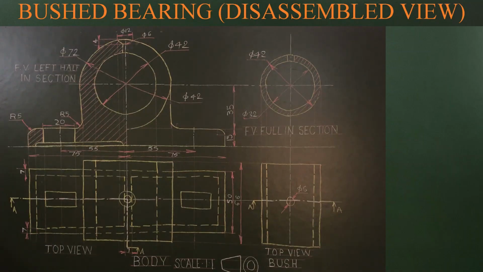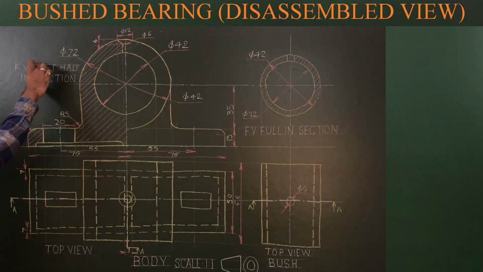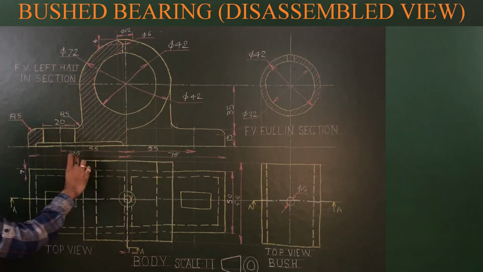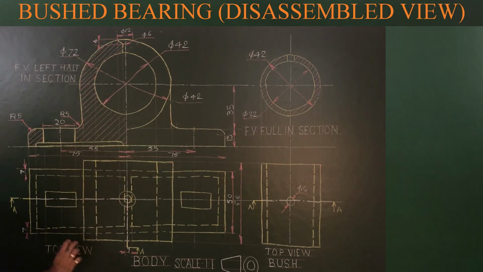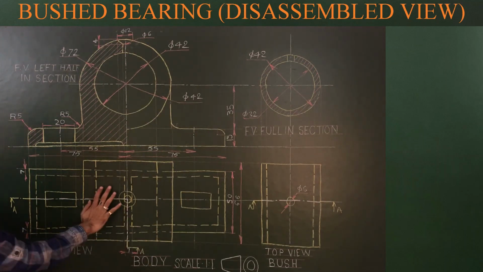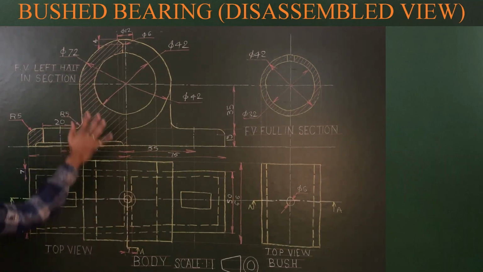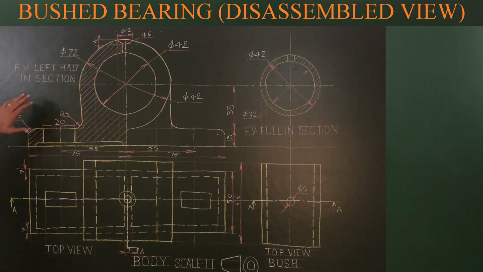Then do all dimensioning, write headings, front view, left half in section. If possible, please write this heading below the front view, then the heading of the top view below this drawing, and then just below the front view and top view headings, write body for this.